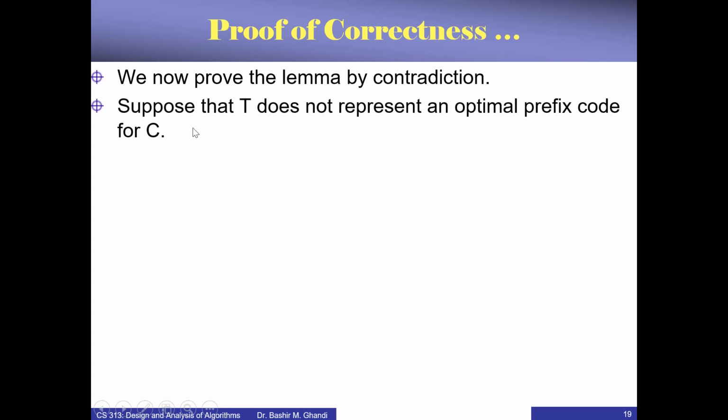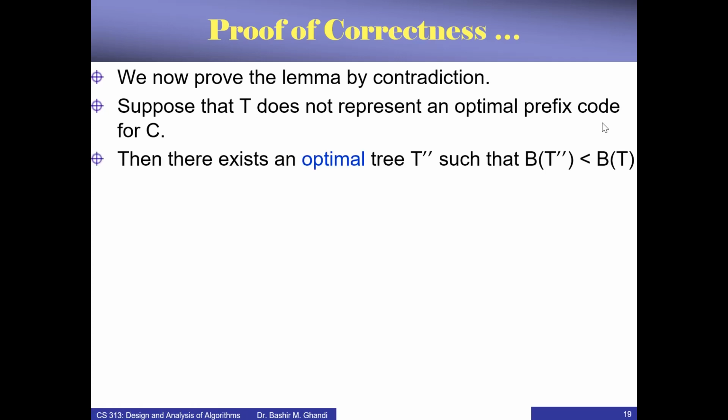Okay, so suppose t does not represent an optimal prefix code for C. Then there exists an optimal tree T double prime whose cost will be less than that of BT. Okay, if T is not optimal, then we're going to have another tree which is optimal, and because it is optimal, its cost is going to be less than that of T.